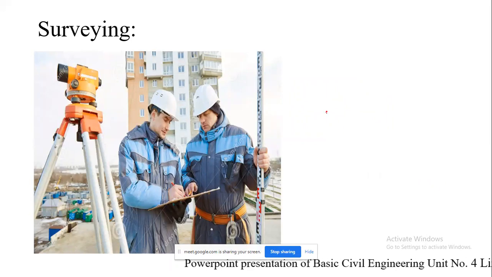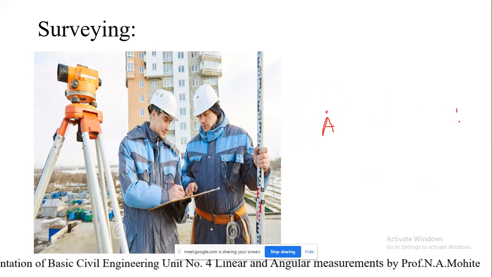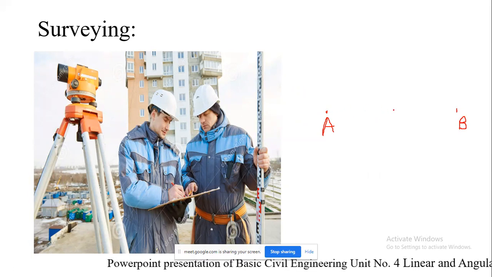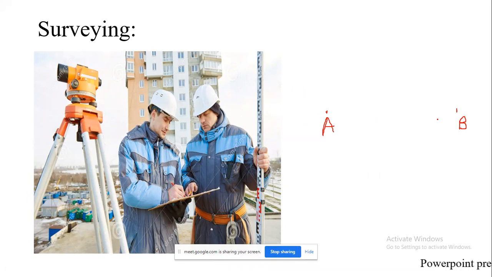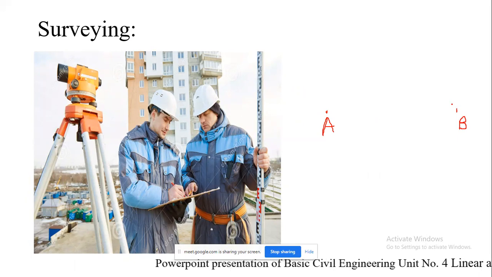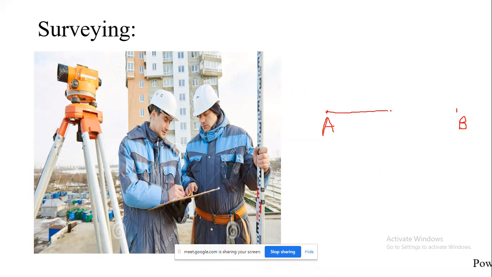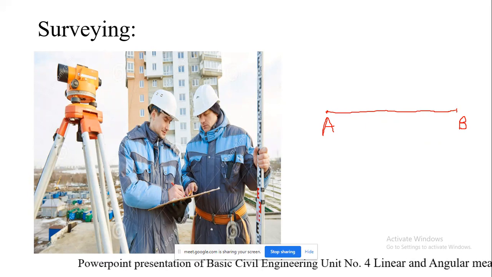Suppose this is the point A and this is the point B. So surveying means we are supposed to measure the relative distance between these 2 points, which are present on the surface of the earth, by making use of various instruments like chain, tape, or total station also you can make use of there.